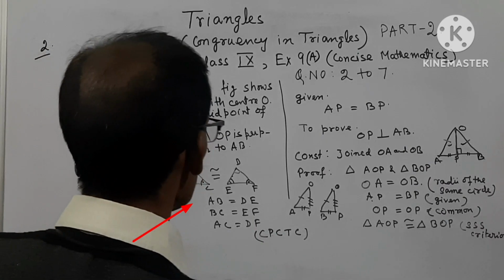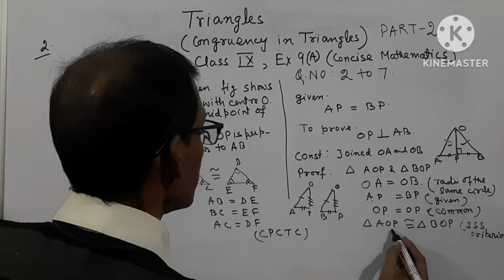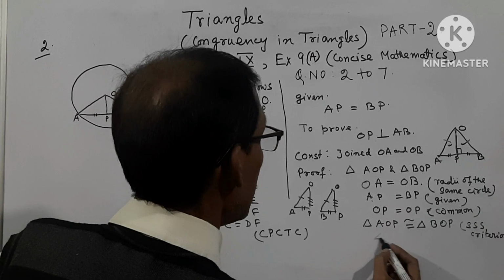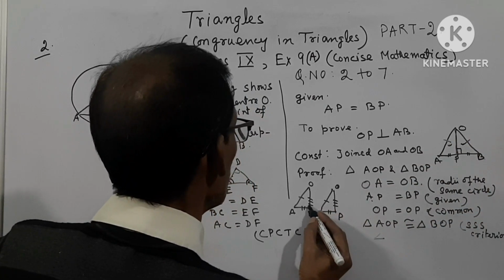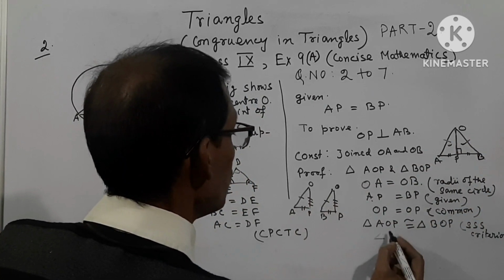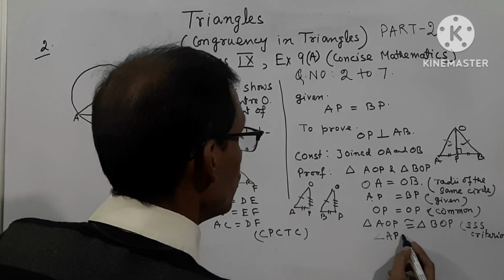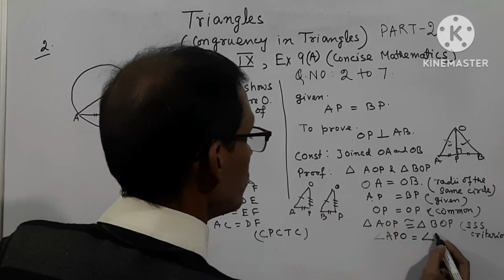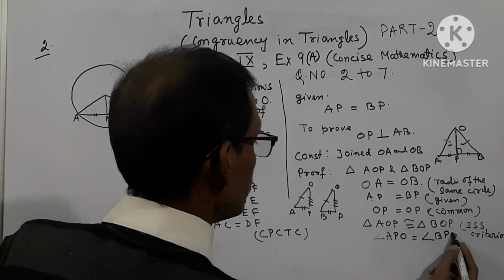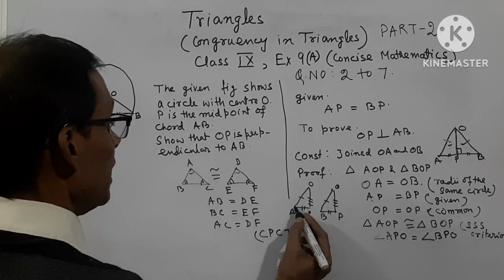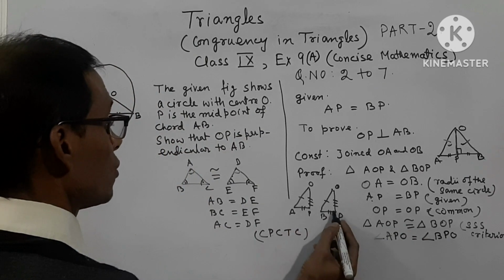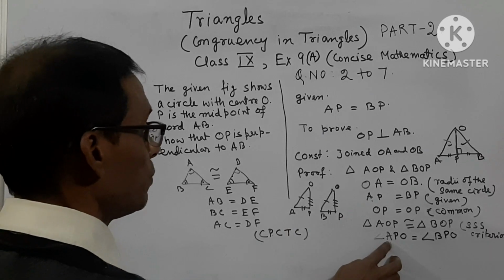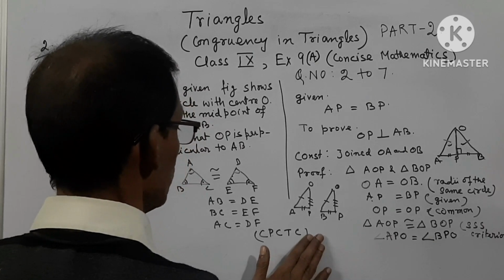So now here you can say angle APO equal to angle BPO. See, angle APO, this P is corresponding to P of this triangle, so angle APO equal to angle BPO.